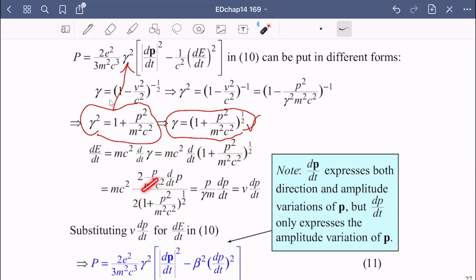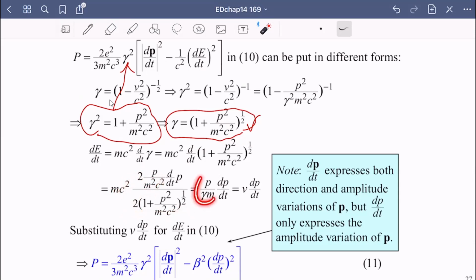So m squared. Oh, so what do we have? This one is gamma. The 2 cancels. P here, m divided by m squared, so we have m here. Gamma is here. So how about c squared? c squared cancels with c squared.